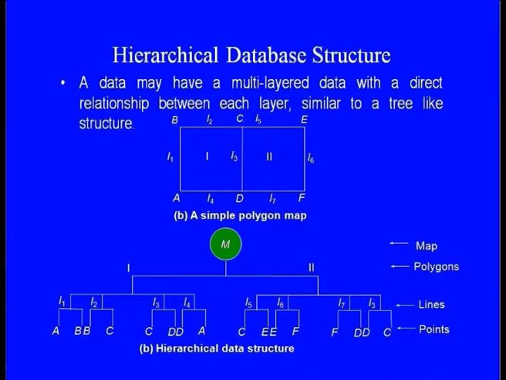For line 1 it is A and B, for line 2 it is B and C, for line 3 it is C and D, for line 4 it is D and A. Similarly, when we consider polygon 2, it consists of lines 5, 6, 7 and 3, wherein line 5 has end nodes C and E, line 6 has end nodes E and F, line 7 has end nodes F and D, while line 3 has end nodes D and C.